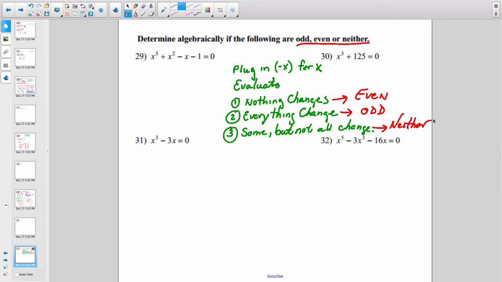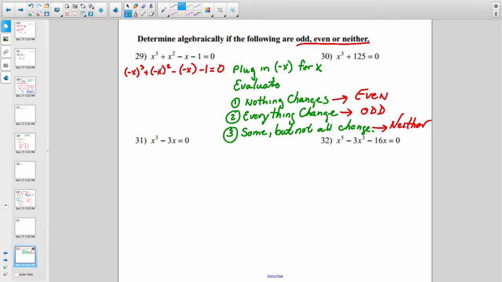So let's take a look at this top one here. Let's plug in negative x for every x I see. So parentheses, of course, negative x cubed plus negative x squared minus negative x minus 1 equals 0. Okay, what is negative x cubed? It's negative x times negative x times negative x.